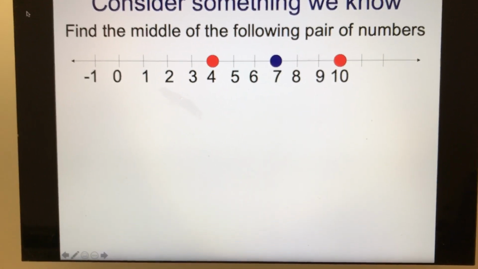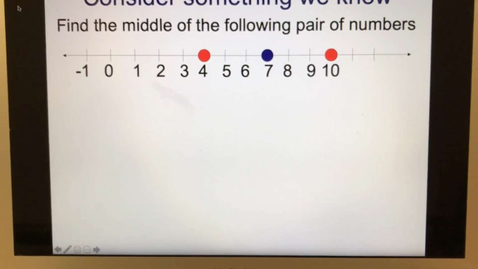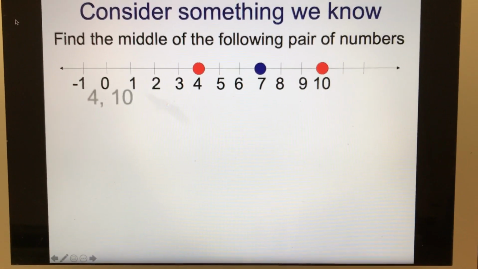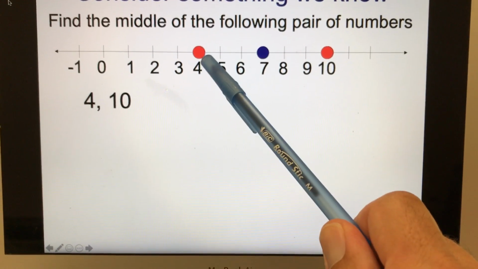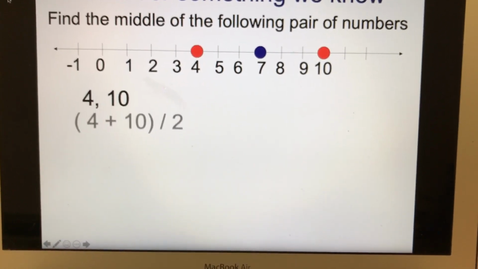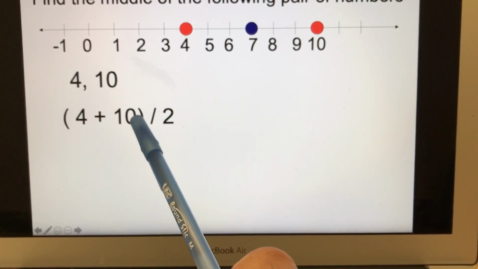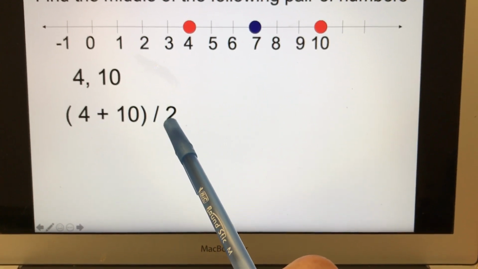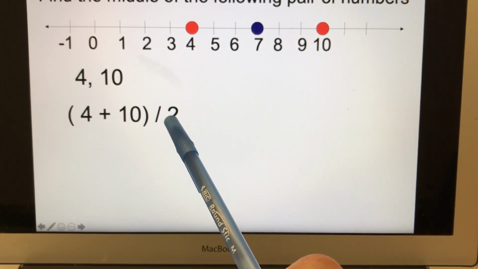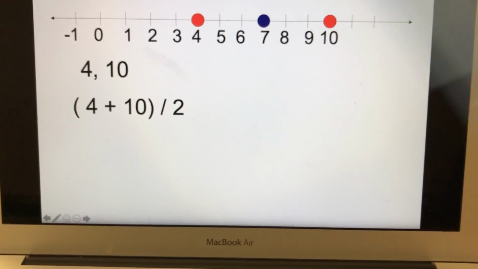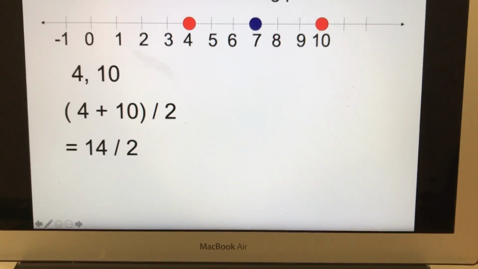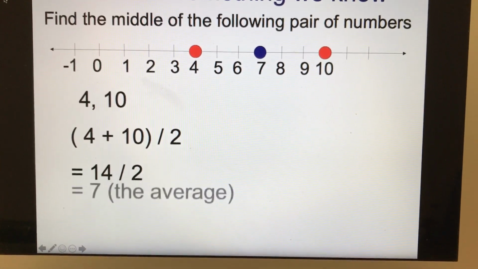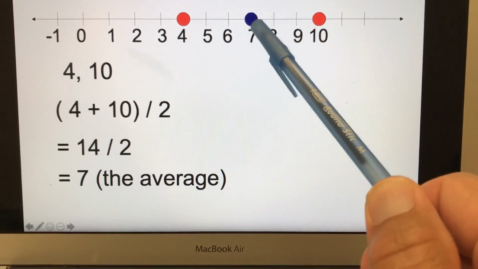You can probably look at that and see, yeah, that works. Well, there's a way we can do that mechanically too. If I take the number 4 and the number 10, add them together and then divide by 2, then what I get, 14 divided by 2, I also get 7. I also get the middle.